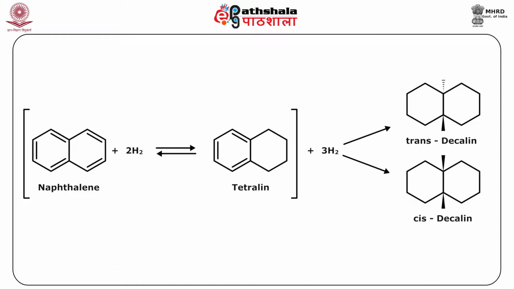The synthesis actually leads to the formation of two stereoisomers of decalin, one where both the hydrogens on the bridgehead are cis to each other, and the other where both the hydrogens are trans to each other, as shown in this figure. The cis will have both the hydrogens shown as solid wedges, whereas the trans has one hydrogen shown as a solid wedge and the other hydrogen shown as a dash wedge bond.